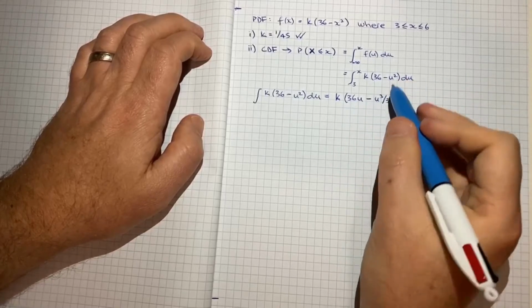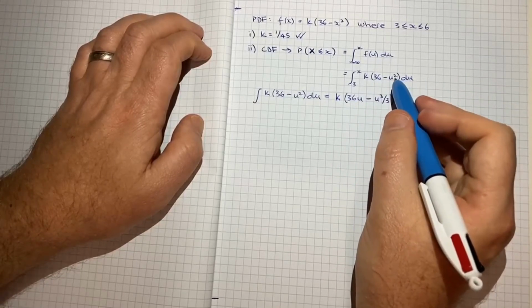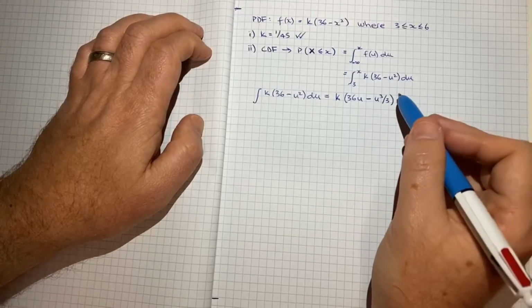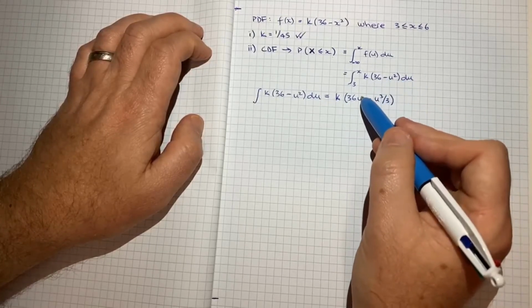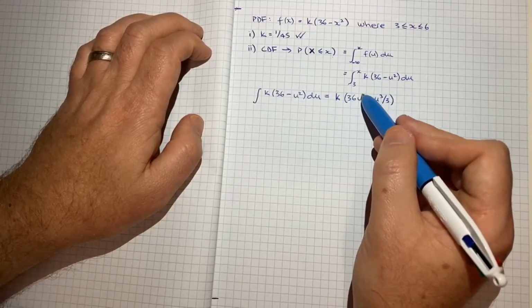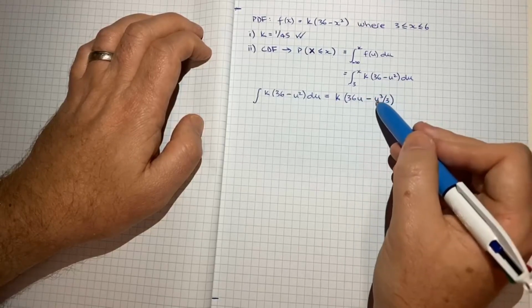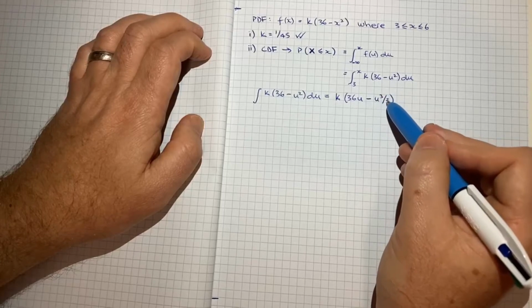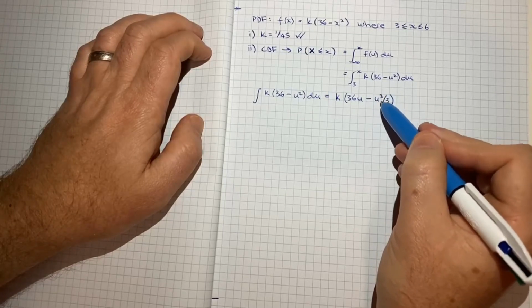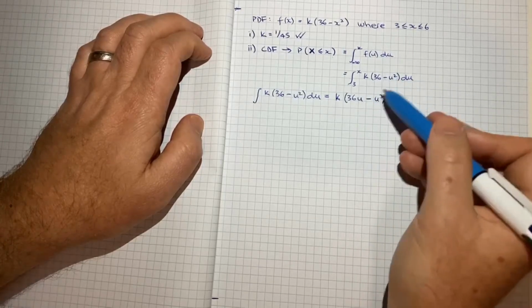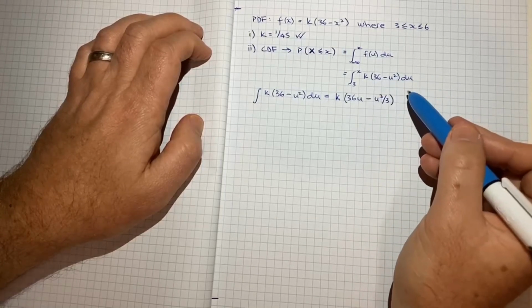So the way you can check that that's right is to differentiate it and see if you get back to where you started. 36u differentiated would give me 36, minus u cubed on 3 differentiated would give me 3u squared on 3, which would give me u squared. So that's okay, definitely haven't made a mistake.